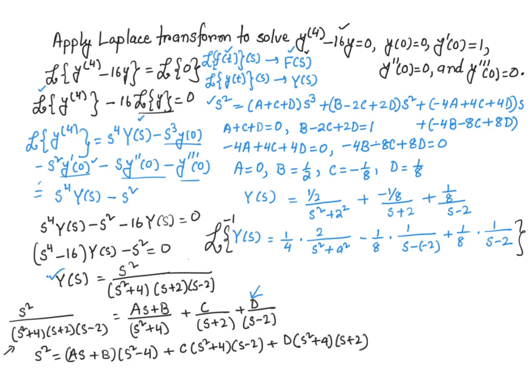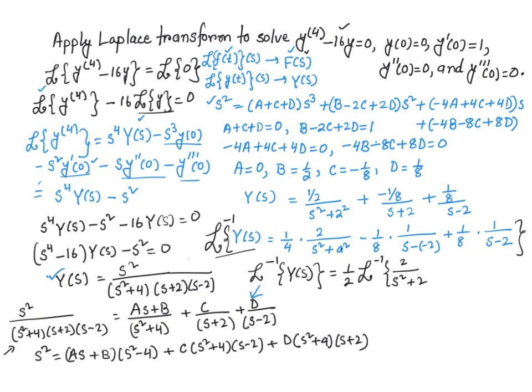Because of the linearity, I can break it down into pieces. The left-hand side is going to give me the inverse Laplace of y of s, and that's going to be equal to 1/4 times the inverse Laplace of 2 over s squared plus 2 squared.